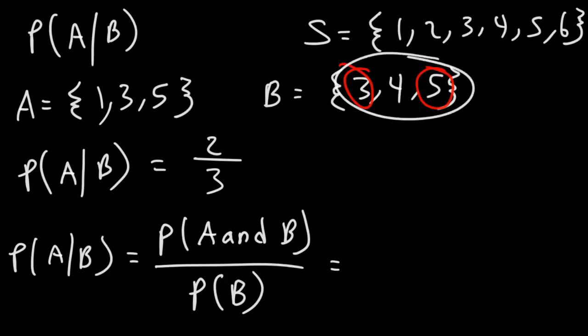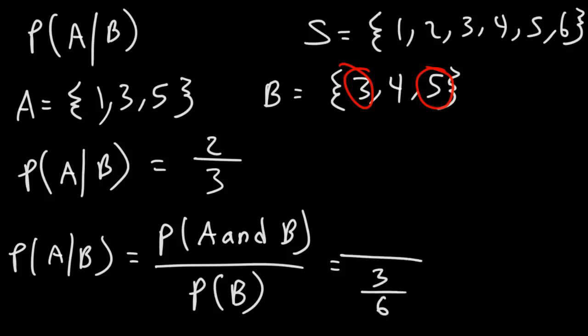B has 3 outcomes that lead to it out of a total of 6 outcomes in a sample space. So when you roll a 6-sided die, there are 6 numbers you can get, and B is half of those numbers. So the probability that event B will occur is 3 out of 6.